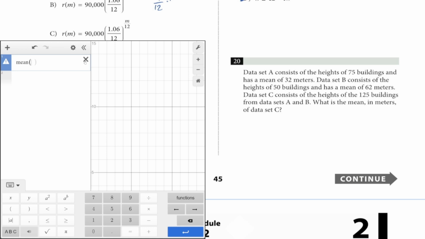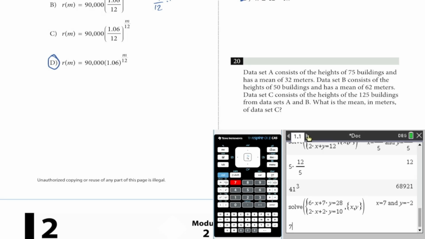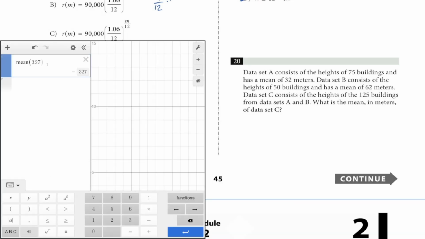So we're just going to pretend that every building has a height of 32 meters. But we're not going to actually type out 32 75 times. If something is happening repetitively, you could just do that number times however many times it showed up. So how many times did 75 show up? It showed up 75 times.